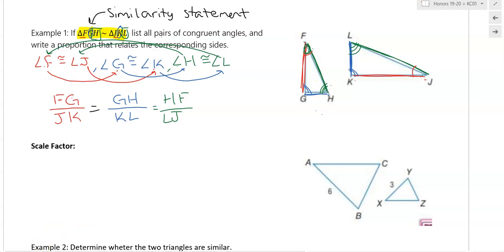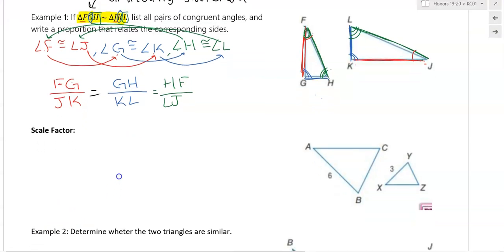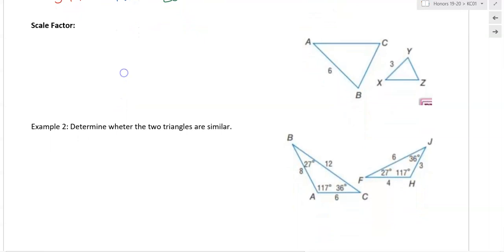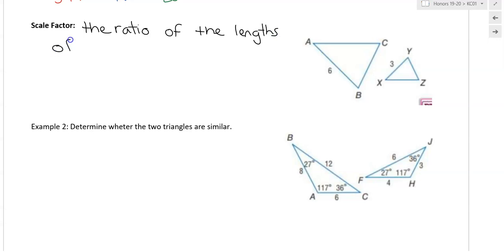All right, looking at scale factor, the scale factor is the ratio of the lengths of the corresponding sides.